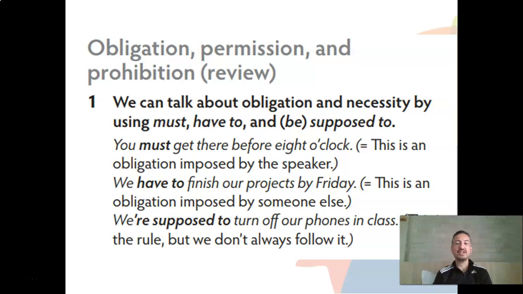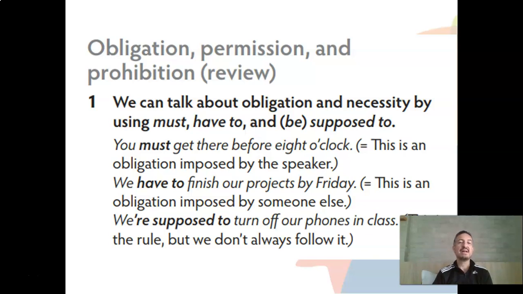This is an obligation and necessity. If I say must, it's an obligation. For example, you must get there before 8 o'clock. So it's an obligation. You have to do this. This is an obligation imposed by the speaker.